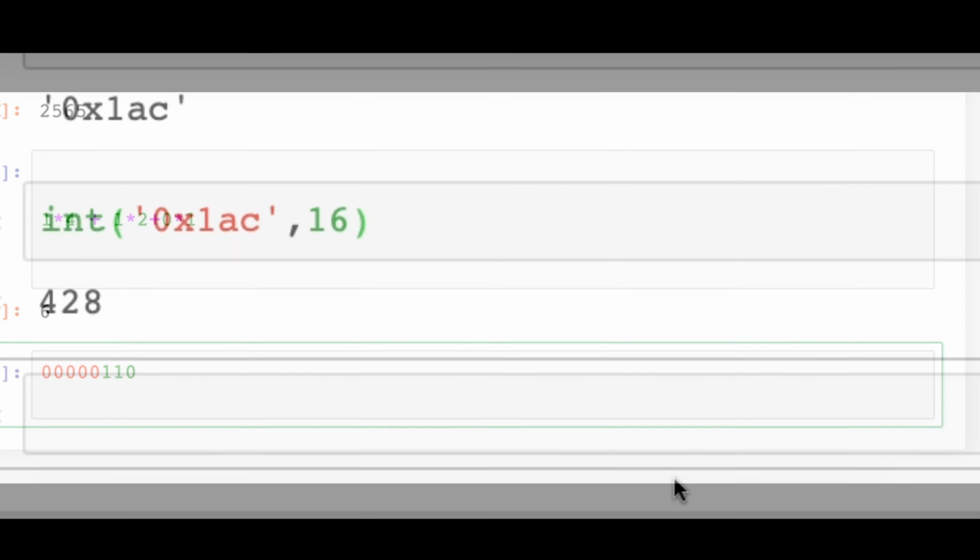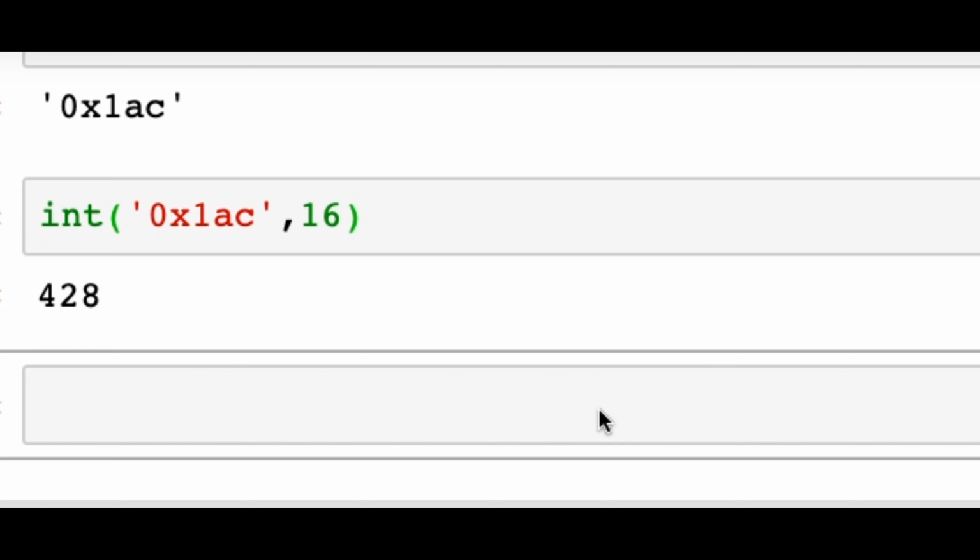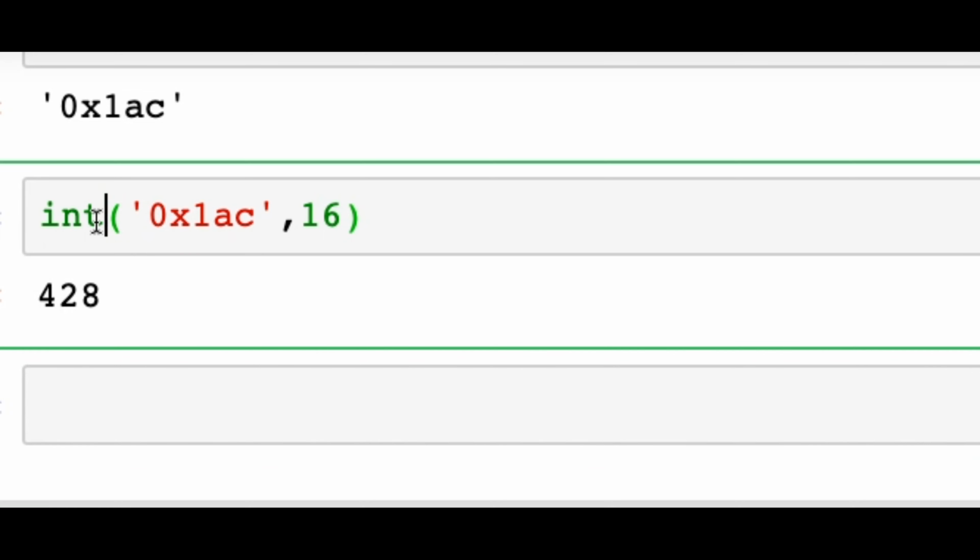Now, to convert a hexadecimal number like this back to an integer, you use the int function. Here we put what base numbering system it is. It's base 16.